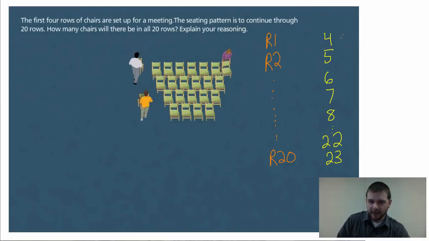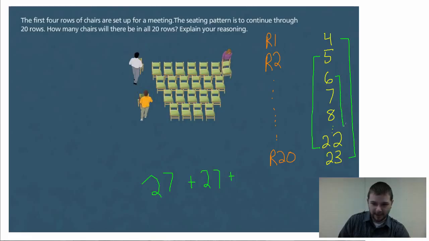Consider what happens when we take row 1 and row 20 and add up the number of seats in those two rows. 23 plus 4 is 27. Notice also what happens when we take row 2 and row 19 and add those together: 22 plus 5, 27 again. What happens when we add row 3 and row 18, which isn't shown here?